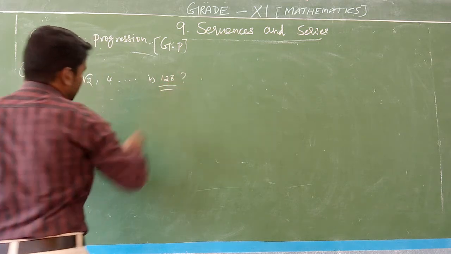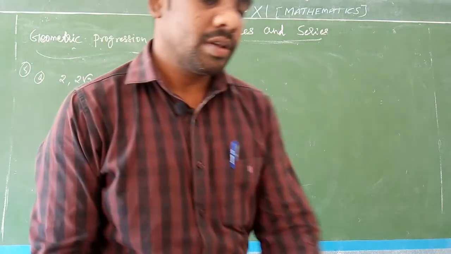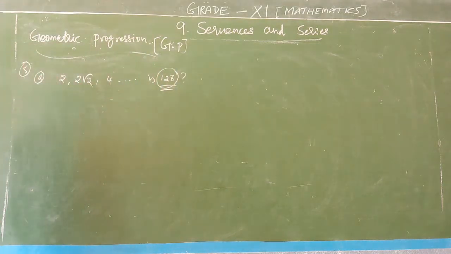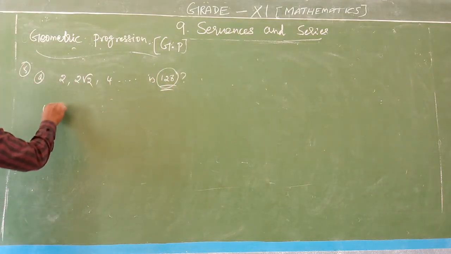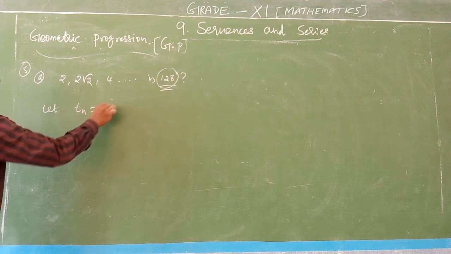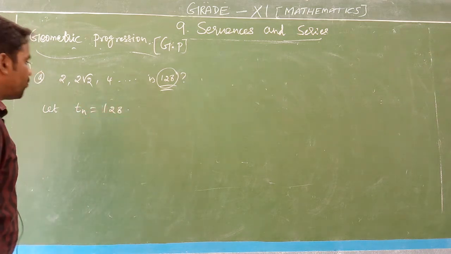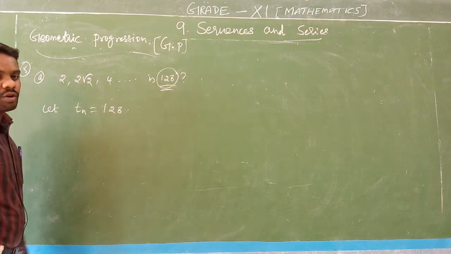That is, the question asks which term is 128. Let Tn equal 128, the nth term is 128. Then find the value of n.